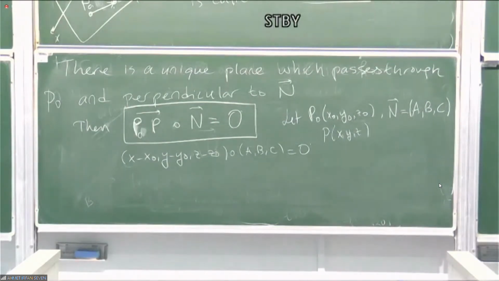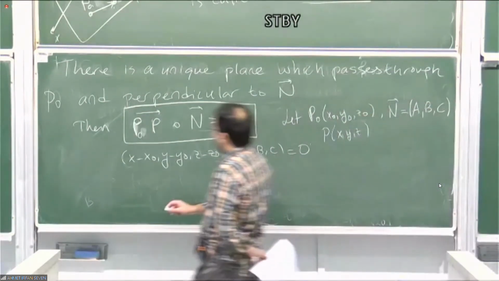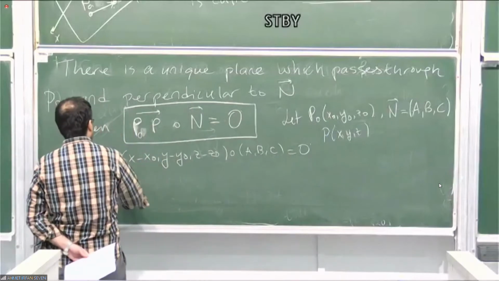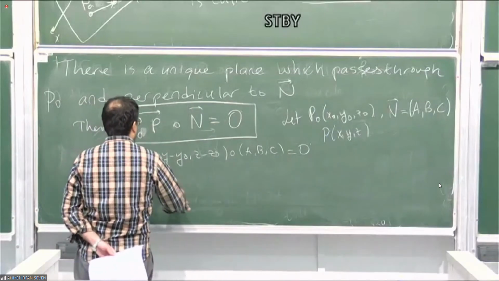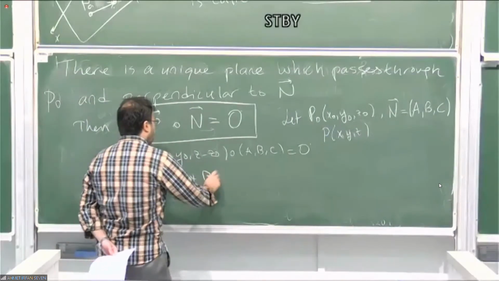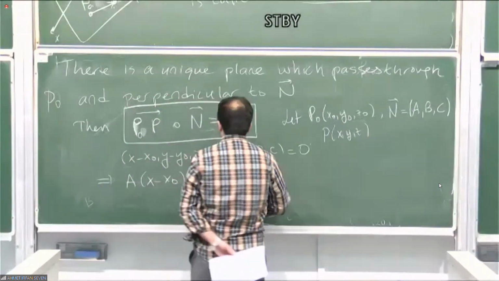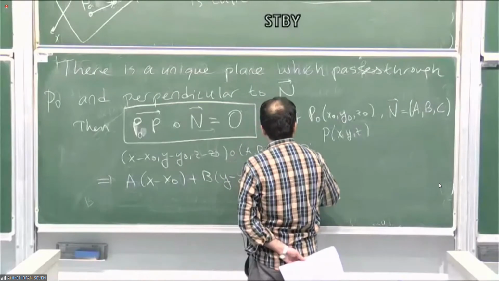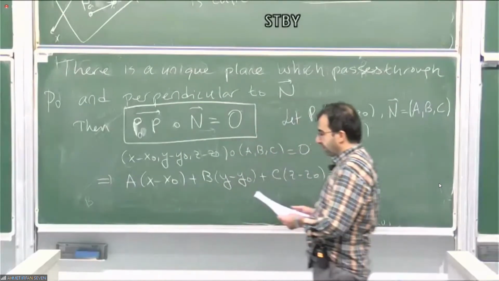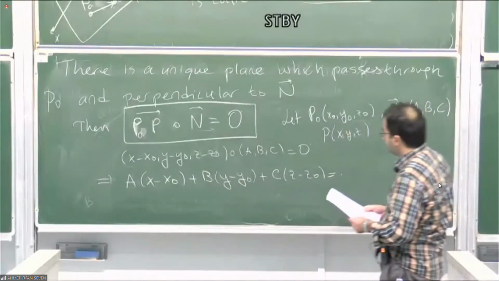All right. Compute the dot product. You know what dot product is. A times x minus x0, plus B times y minus y0, plus C times z minus z0 equals 0.